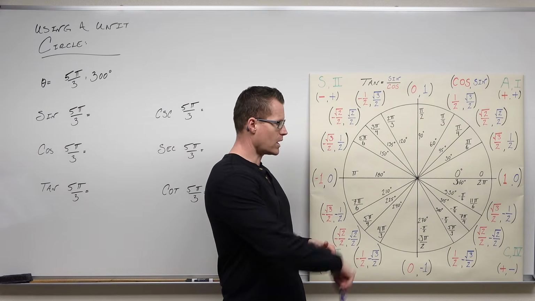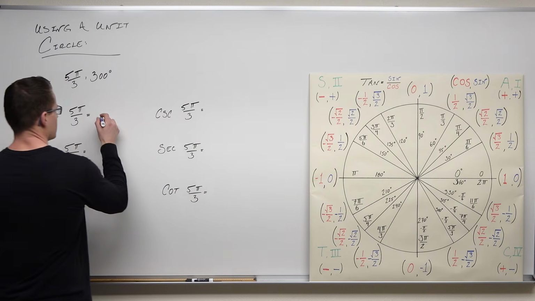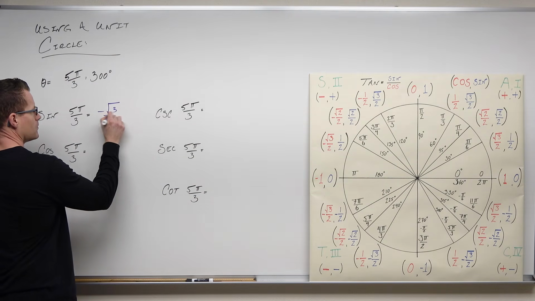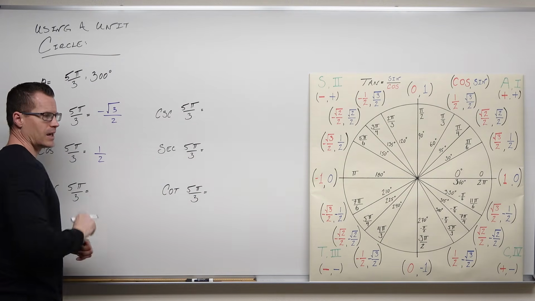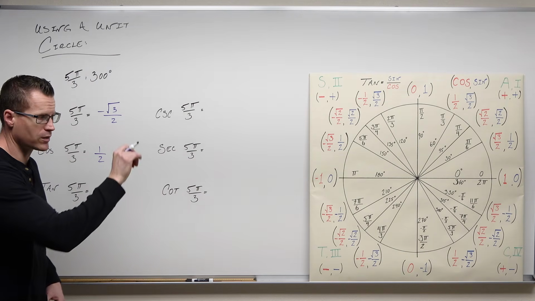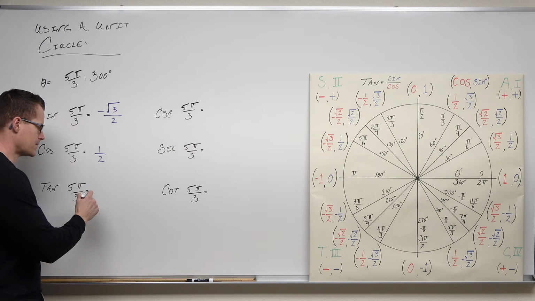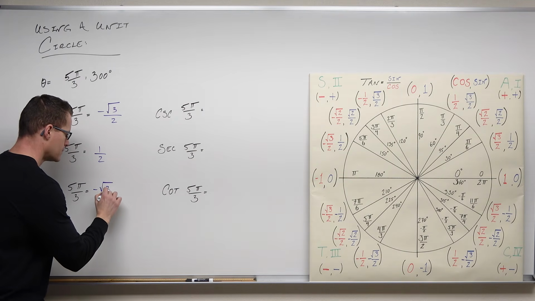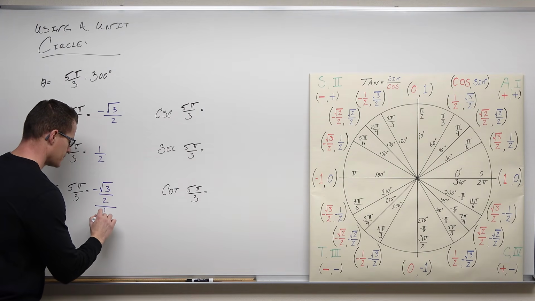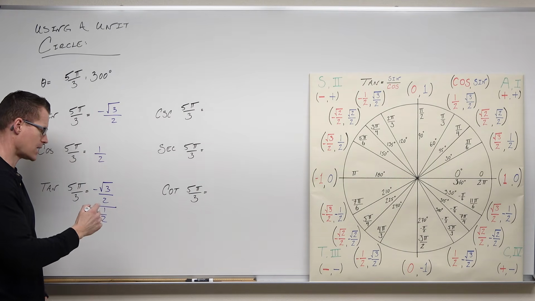Because sine deals with the y coordinate and 5 pi over 3, that's negative square root of 3 over 2. And positive 1/2 for our x, and therefore our cosine for the point that's on the circle at that particular angle. Tangent divides them, in that order, y over x, sine over cosine for that angle.